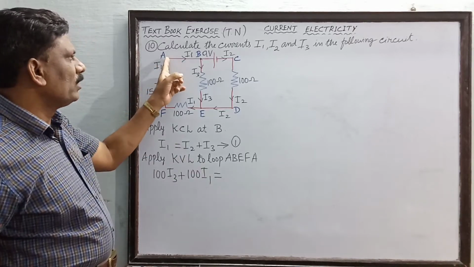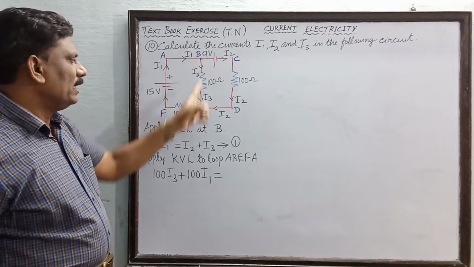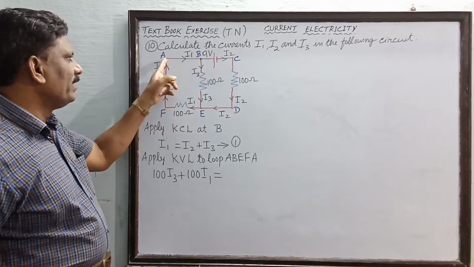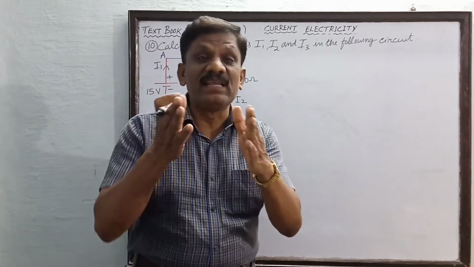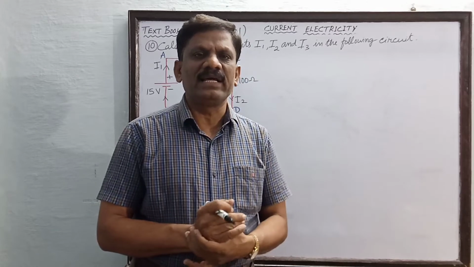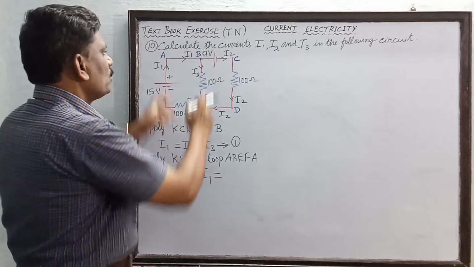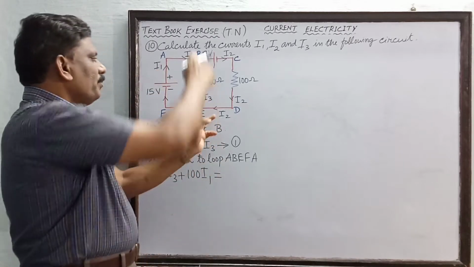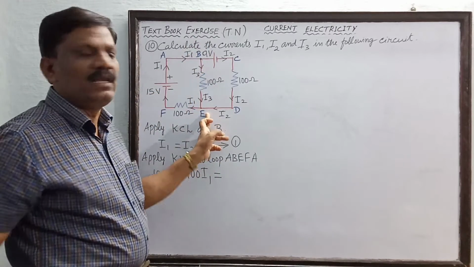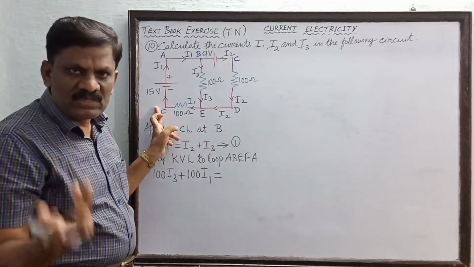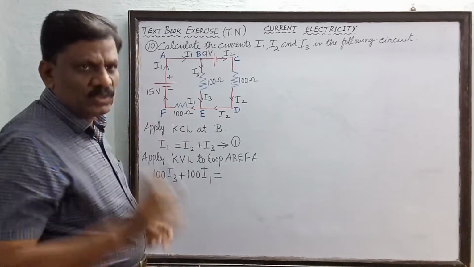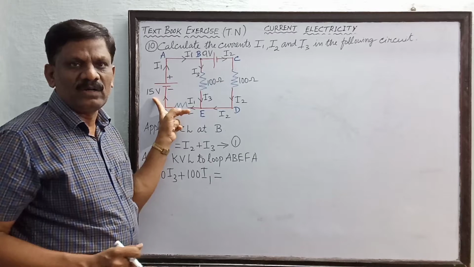Then again you come from A to B and B to E, E to F and F to A, and find out how many cells or batteries are there in that loop. What is the net EMF you have to find out. So A to B there is no cell, B to E also there is no cell, E to F there is no cell, and F to A there is one cell of EMF 15 volt.